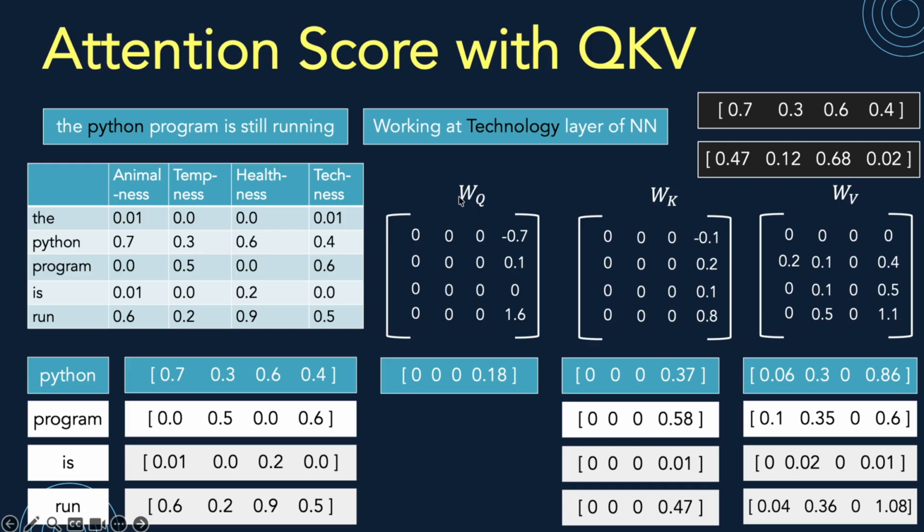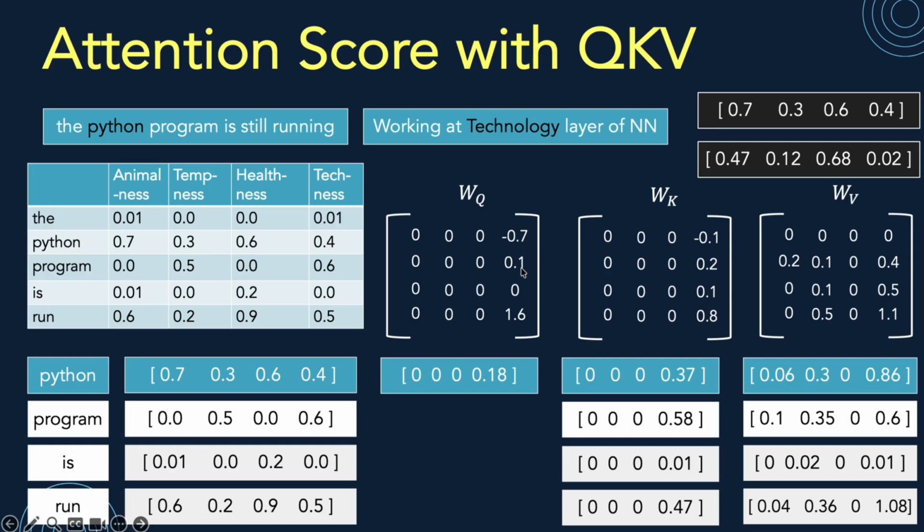Now see here, in the weight matrix of query, everything is getting ignored except for the technology layer. Now this is the technology layer, right? Because this is the technology-ness, or the technology property. Even in the technology layer, in the neuron, the value of the animal property is getting amplified in the negative direction.